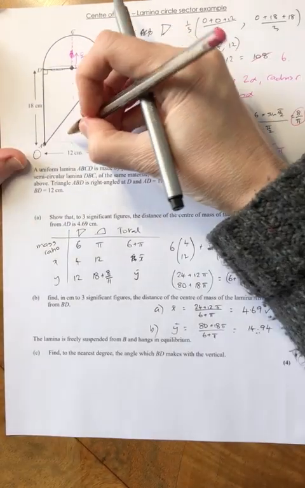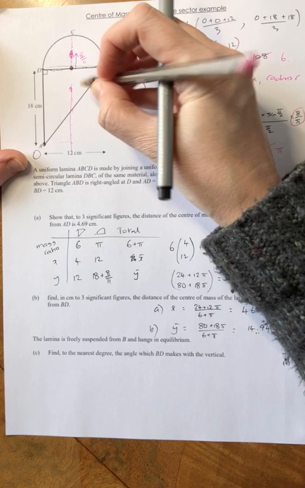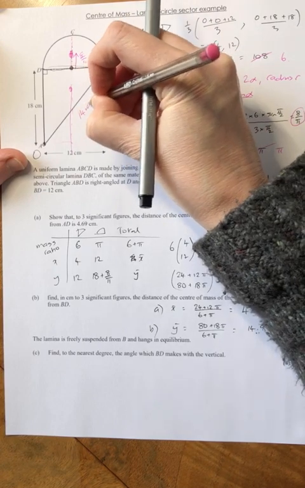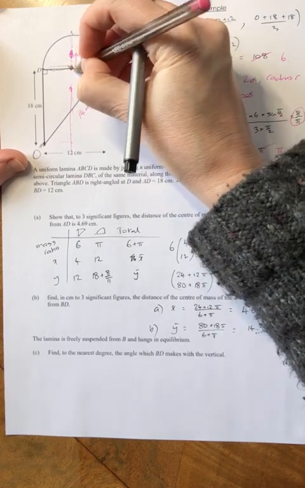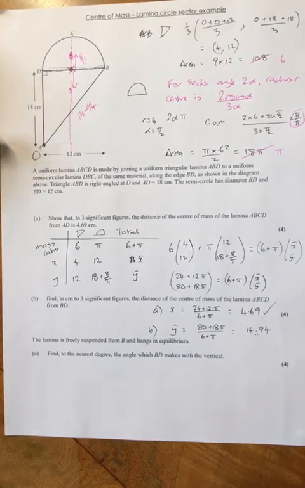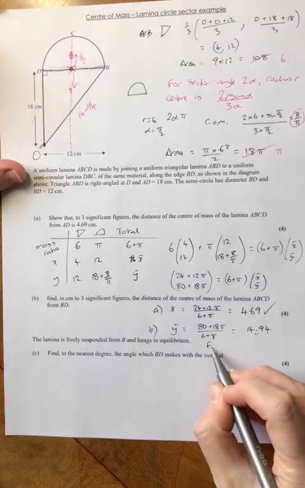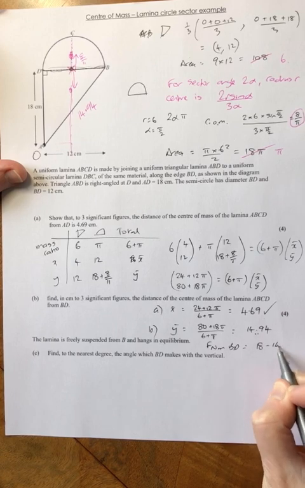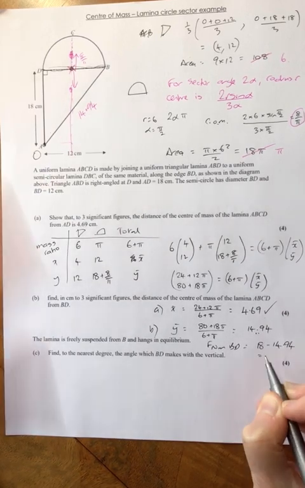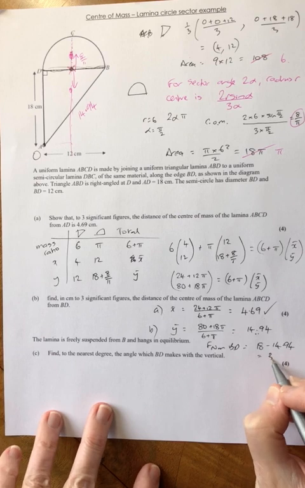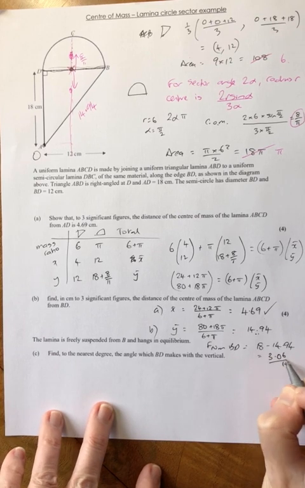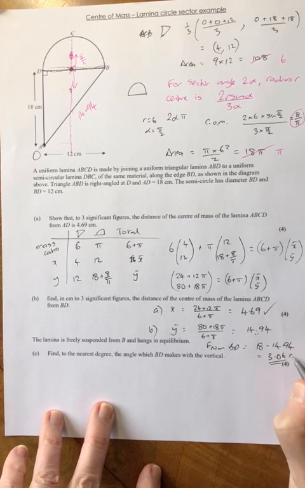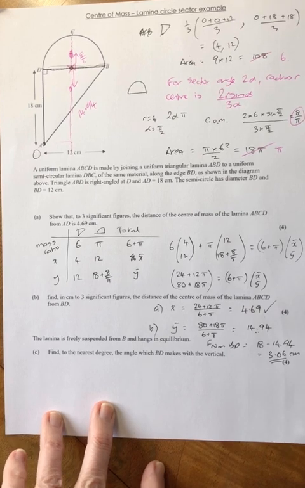Yes, okay. So I've worked out that the centre of mass up there is 14.94. So I would have to go there down to there. So from BD would be equal to 18 minus the 14.94, which gets me 3.06. Do we have to talk centimetres? Yes, we would, wouldn't we?